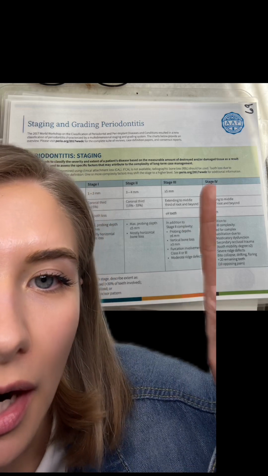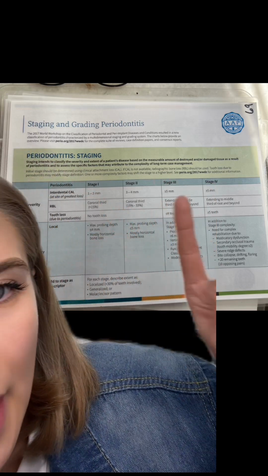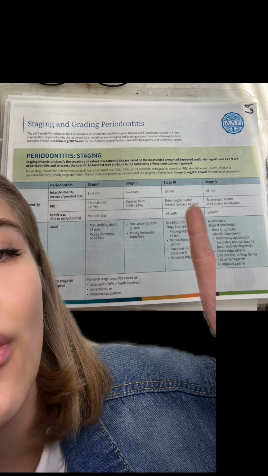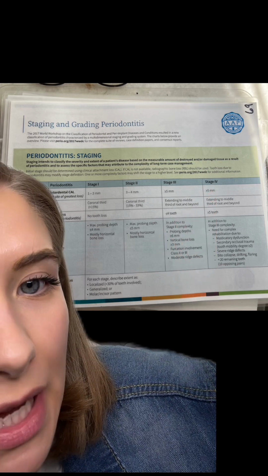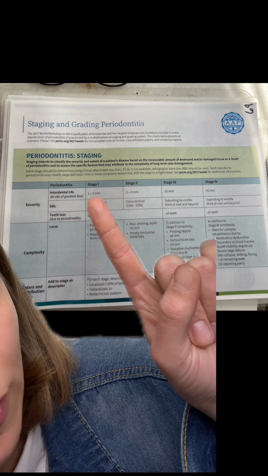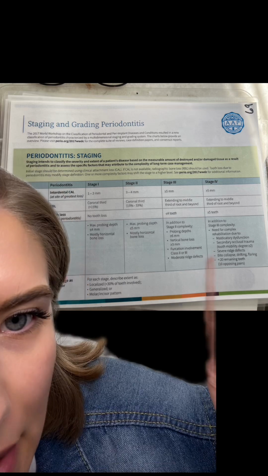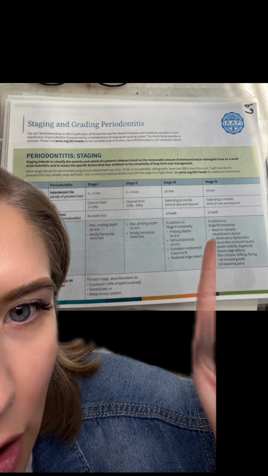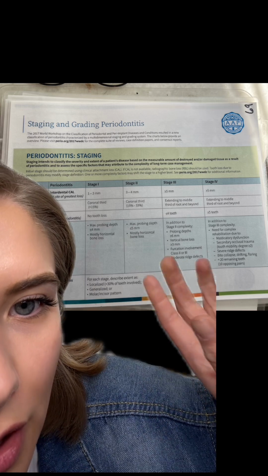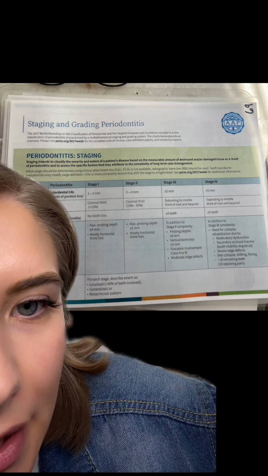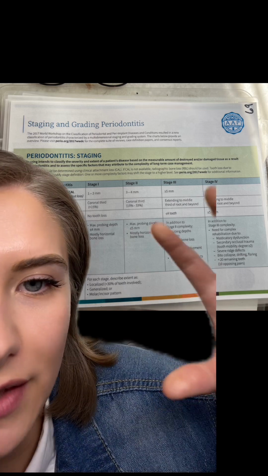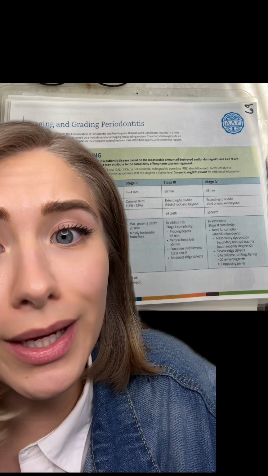Stage 4, it's going to get an interdental CAL reading of greater than or equal to 5 millimeters. The radiographic bone loss extends past the middle third of the root. They might be missing more than 5 teeth, have masticatory issues, occlusal issues, severe ridge defects, bite collapse, drifting or flaring of the teeth, might be gone with the wind.